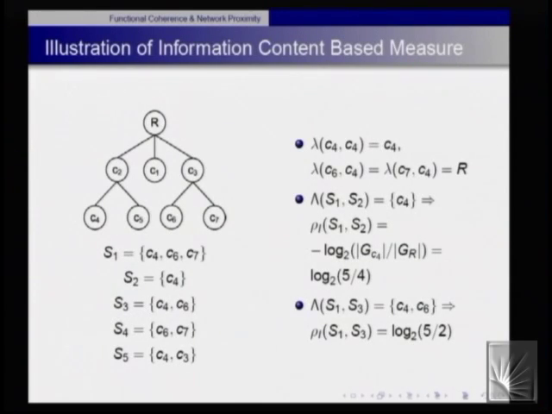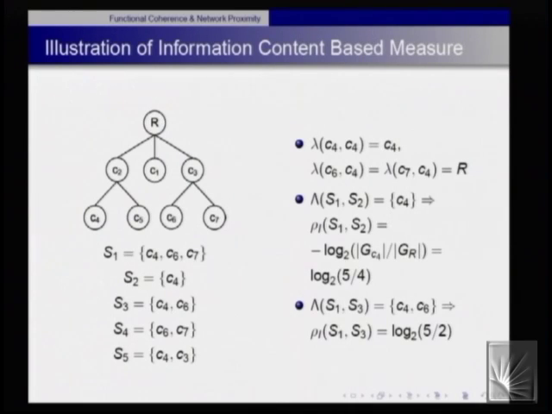Okay, so here is an example. If you look at the similarity between set 1 and set 2, you will see that the minimum common ancestor or the lowest common ancestor of C4 and C4 is C4 itself. C6 and C4 is the root, and C7 and C4 is also the root.